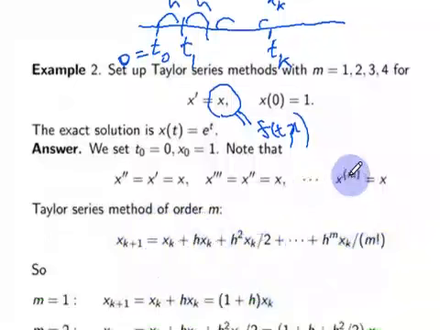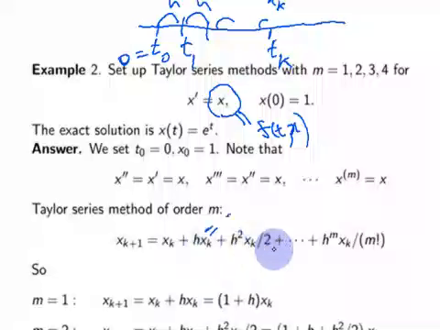This is h times xk, this one is xk prime, this one is xk double prime, and this one is the mth derivative of xk. All are the same because you get xk here, right?